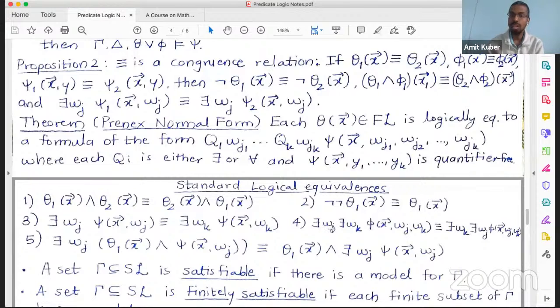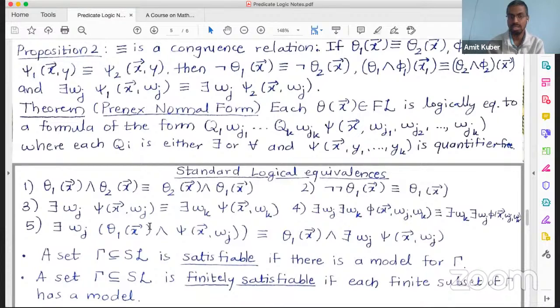You can swap the order of existential quantifiers, provided the formula is inside the scope of both of them: there exists wj there exists wk is equivalent to there exists wk there exists wj. And if a particular formula is free of that bound variable, then you can take the quantifier inside with respect to conjunction. Theta 1 doesn't contain wj, but psi does, so you can take there exists wj inside. These are some of the standard logical equivalences, not all of them, but they are useful.